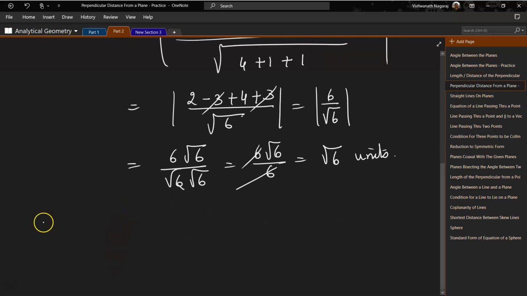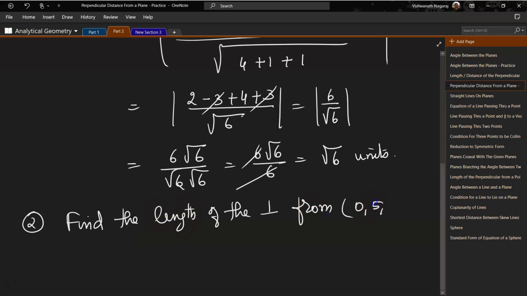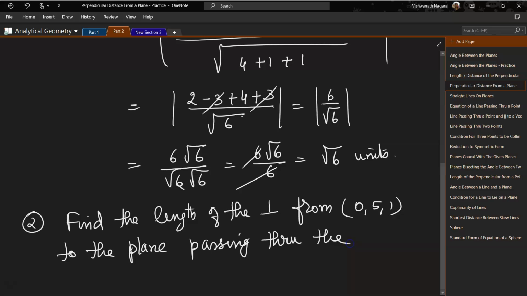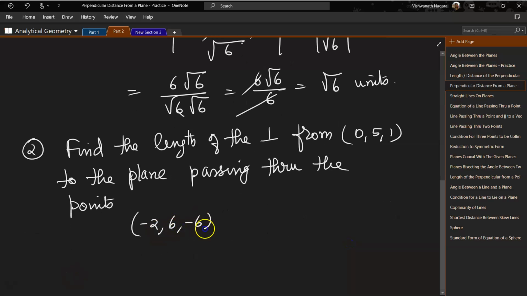Okay, now let's look at the next problem. Find the length of the perpendicular from (0, 5, 1) to the plane passing through the points (-2, 6, -6), (-3, 10, -9), and finally (-5, 0, -6).